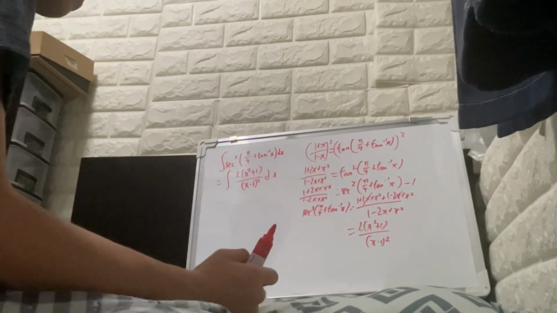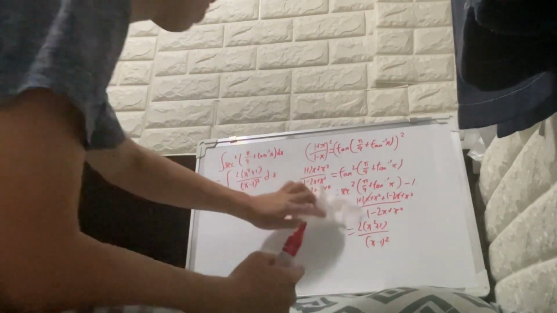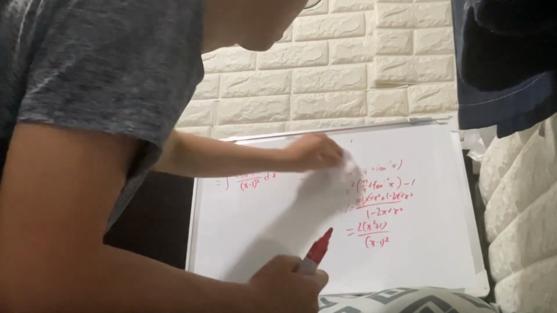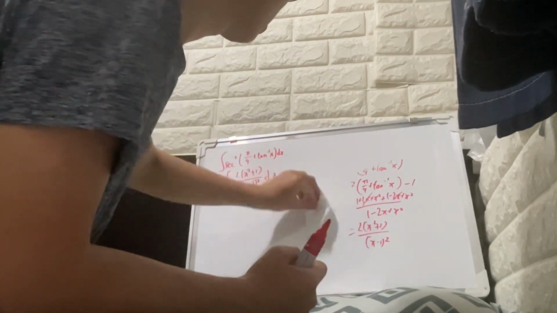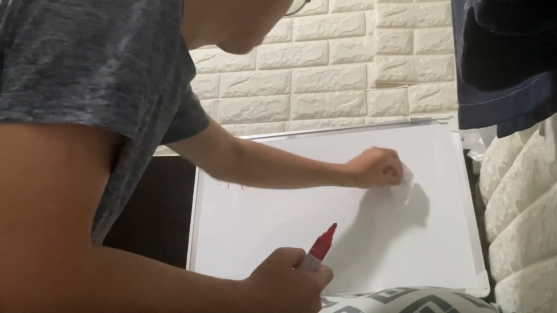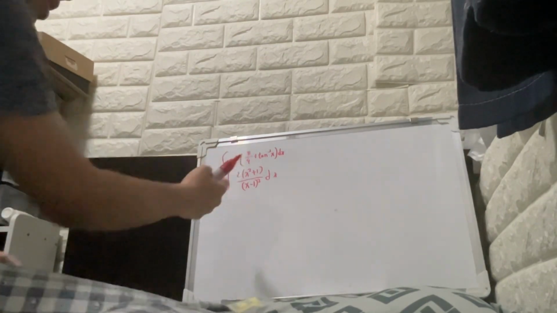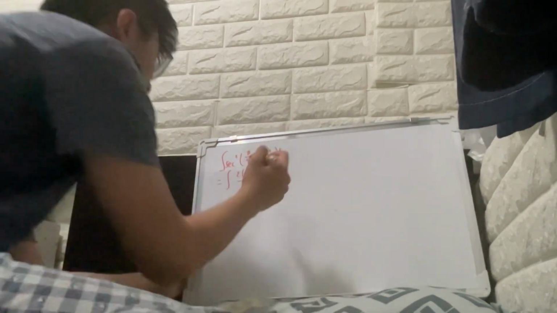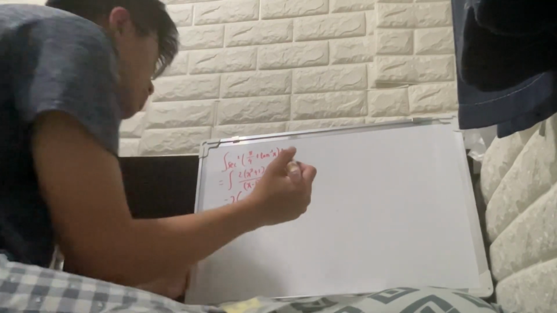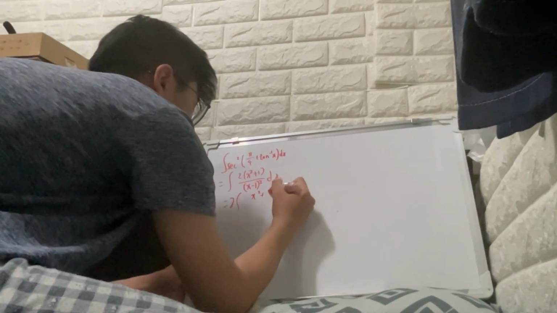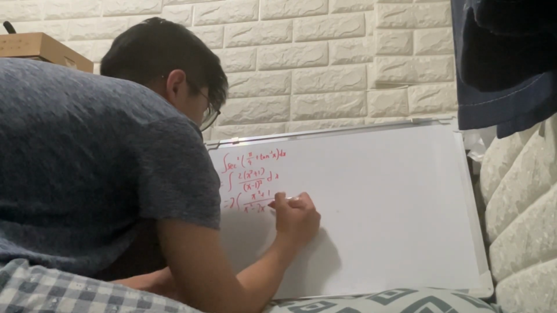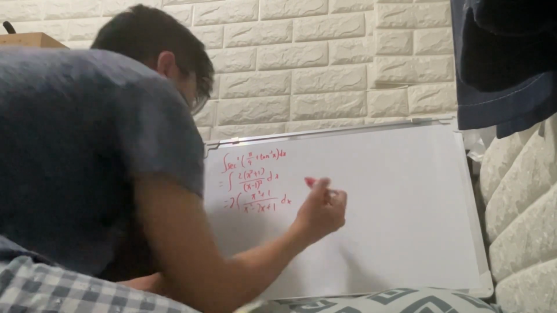And here, we just need to integrate it. And here, how can we integrate? First, we just need to expand it. Put the constant outside the integral, and then x squared plus 1 divided by x squared minus 2x plus 1 dx.